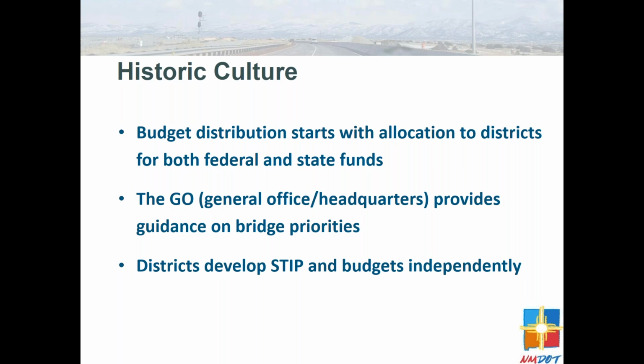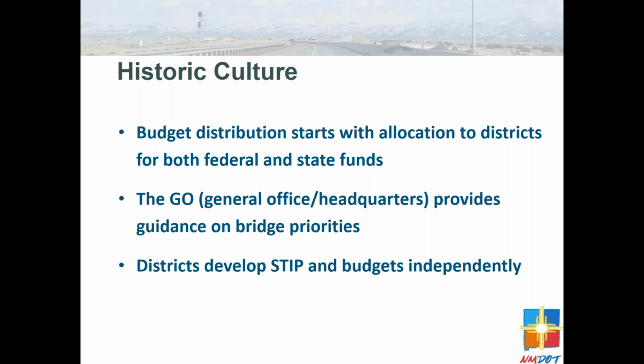So one of the differences for us is we all have our own culture within our DOTs of how we allocate funds and who's actually in control of all of that fund. So normally you think it's your general office that's really the one that's dictating everything. But in New Mexico, we have 6 districts that are spread out throughout the state, dividing our state really into those 6 little parts.